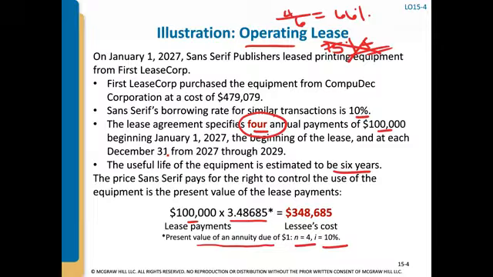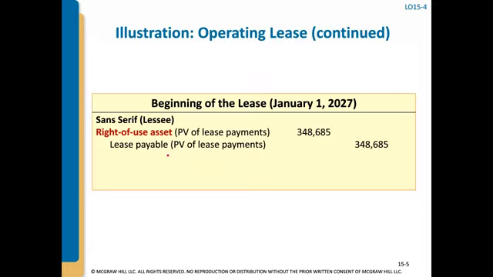If you're not familiar with how we came up with that number, please go see prior videos about present value calculations. So the 100,000 times the present value factor, the cost for the lessee is $340,685.